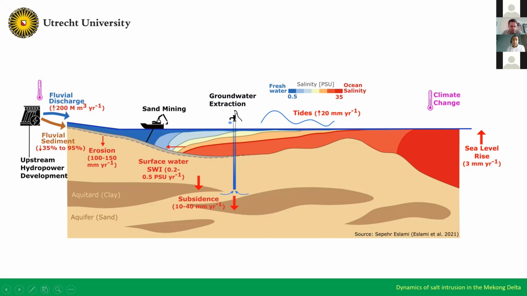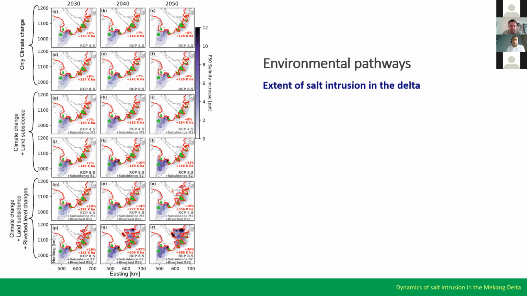There is an increasing fluvial discharge, so that's a trend that is working against the salt intrusion, but also sediment shortage, and all that results in something in the order of 0.2 to 0.5 PSU per year. But if we combine these effects into scenarios with climate change scenarios, then we can come up with a relatively intriguing image.